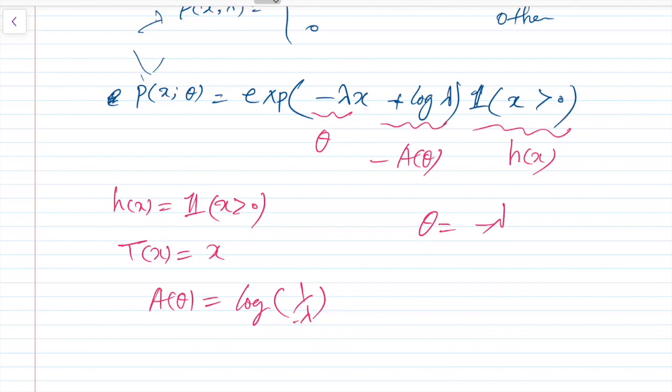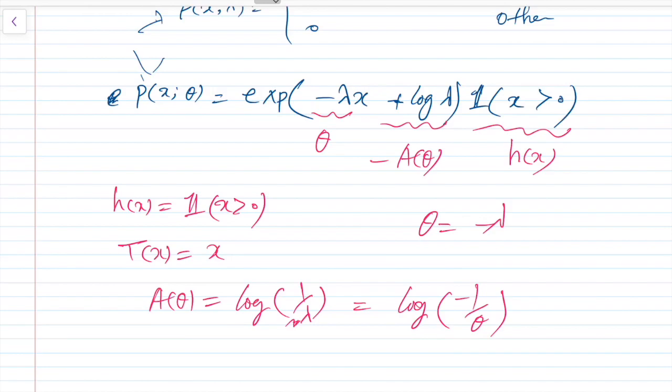So if I substitute that in, it is going to be minus theta, because theta is minus lambda. Okay, good. So this is a very simple one that you can write as an exponential family.